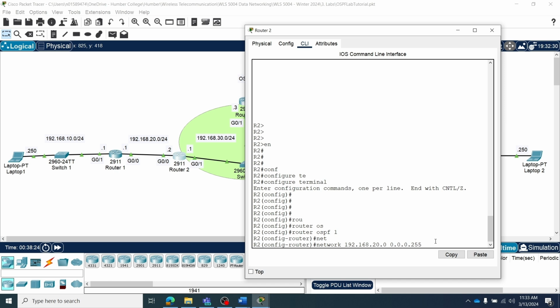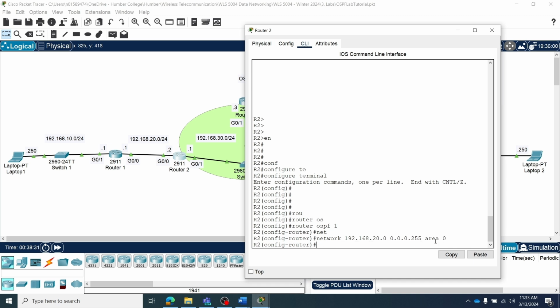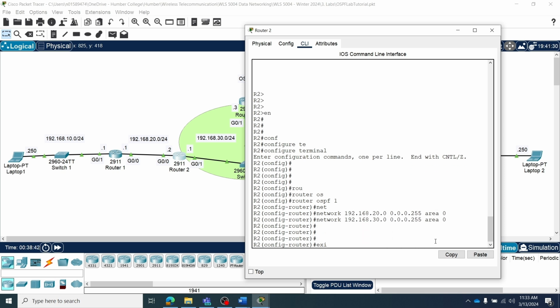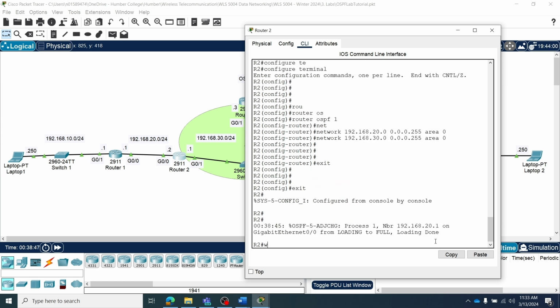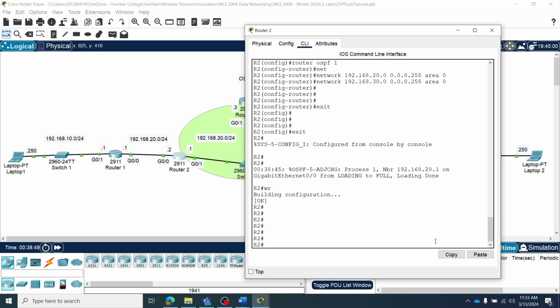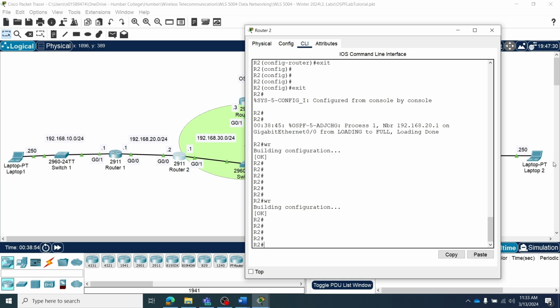Then the area is 0. So that is one network, and we have to add another network, which is the 30 network. Another network is confirmed.